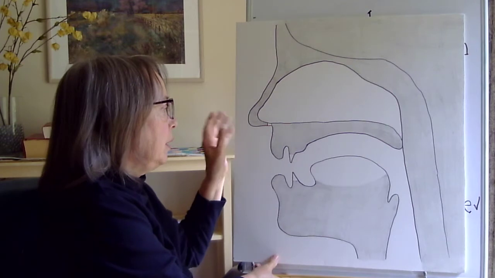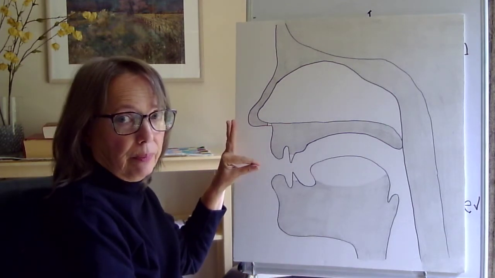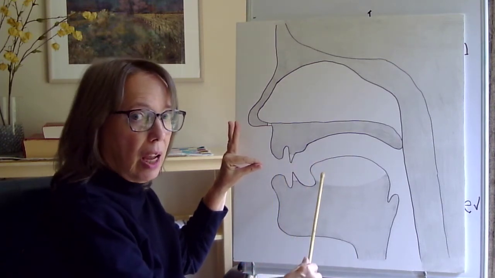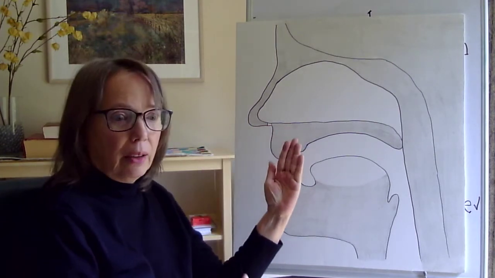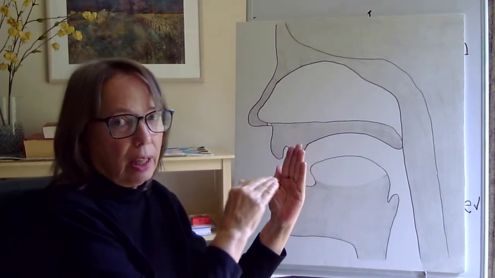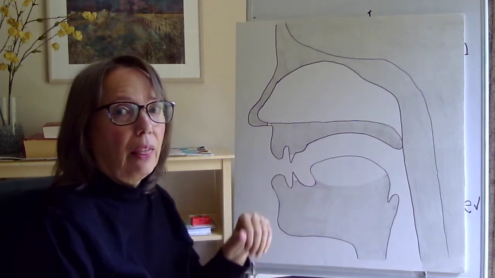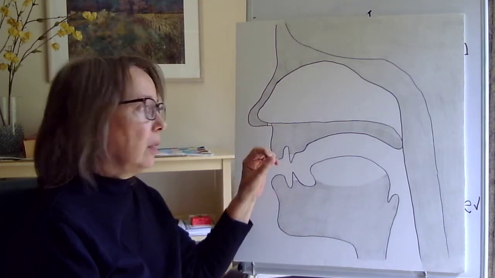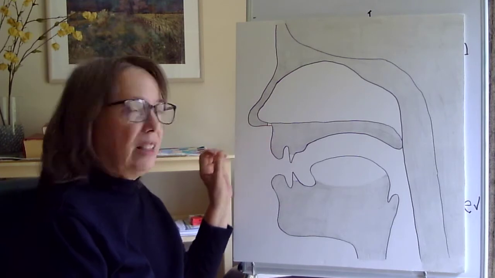And with P and B, the lips are shut. And that keeps the air inside the mouth. It will go into this area too. And the air will push against the back of the lips. Then, when the lips open, the air will come out. That's the release of air.